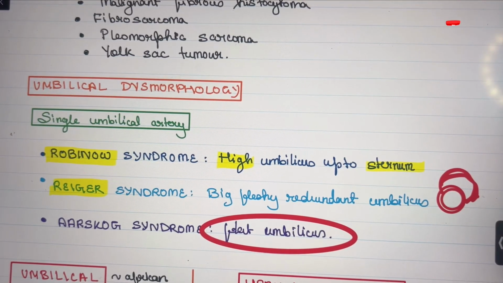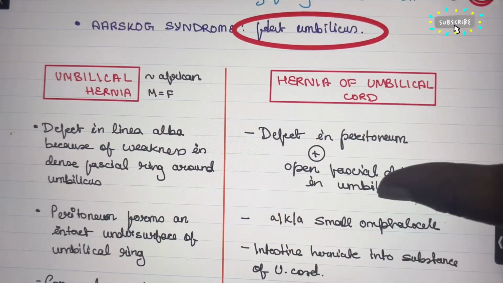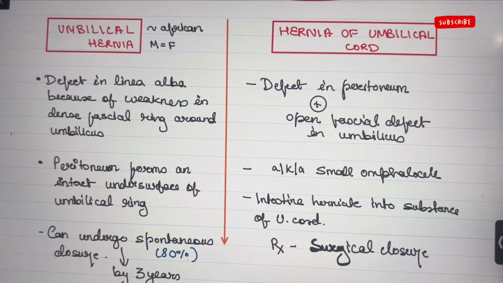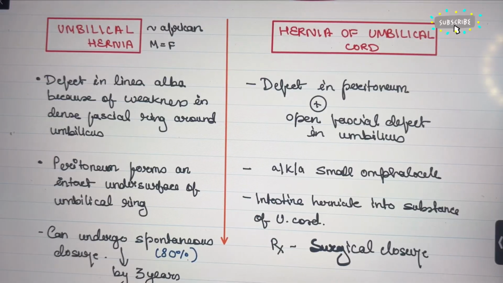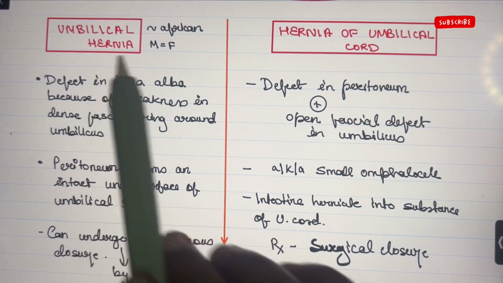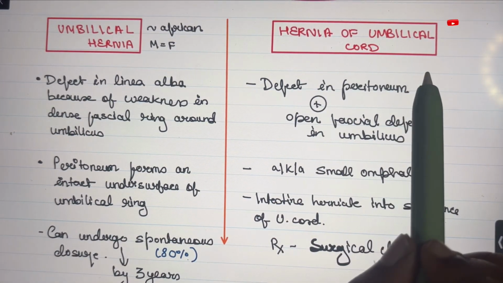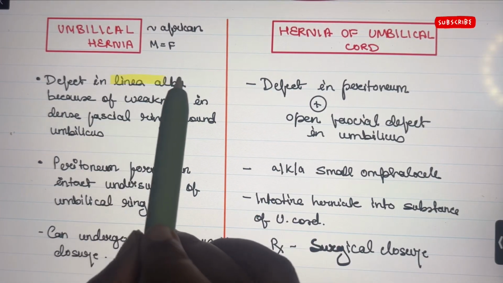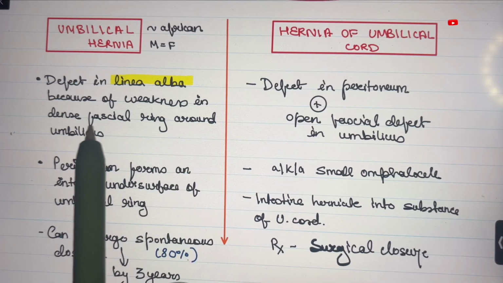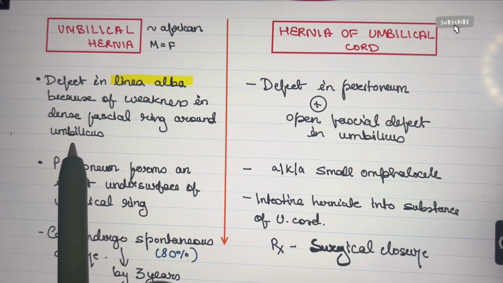Now, another important thing that you have to remember is I have made a differentiation so that you can remember easily, because people get confused between these two terms. One is the umbilical hernia, another one is hernia of umbilical cord. What is umbilical hernia? Umbilical hernia is a defect in linea alba because of the weakness of the dense fascial ring around the umbilicus.